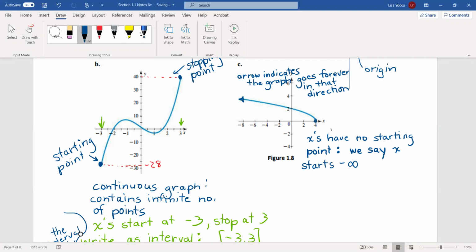Here's the stopping point on my graph. And that is the ordered pair 4, 0. So where do the x's stop?